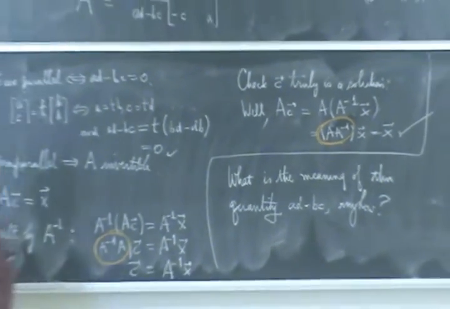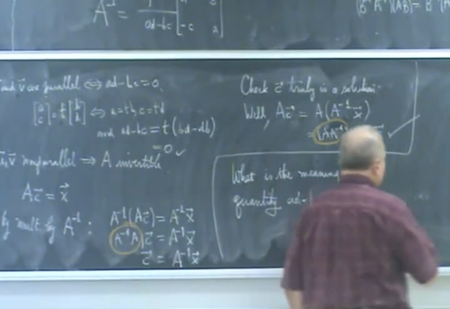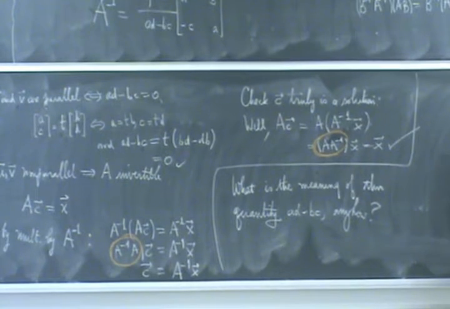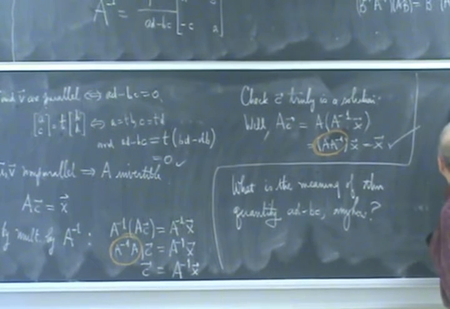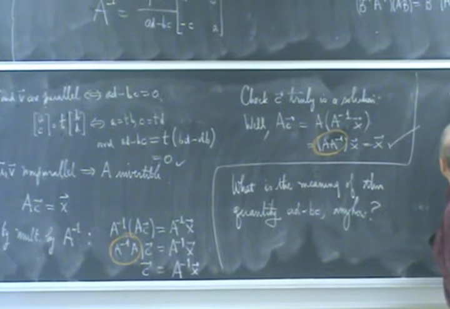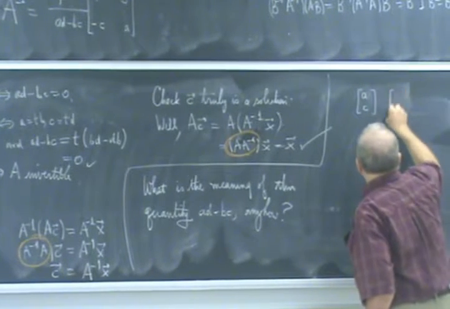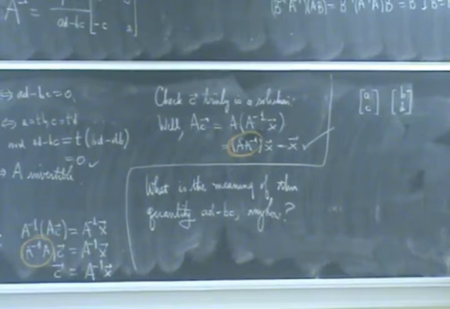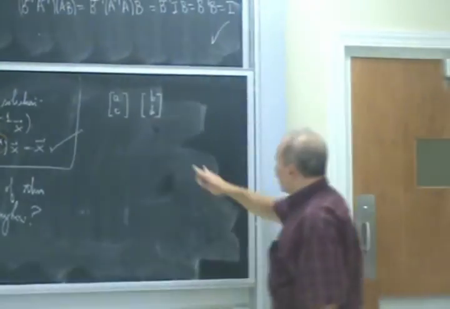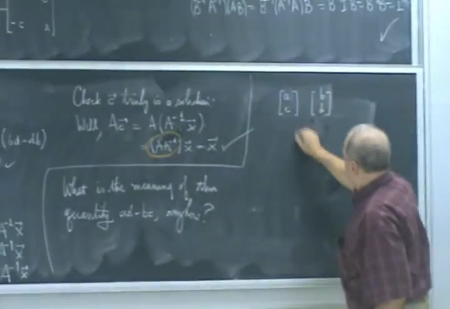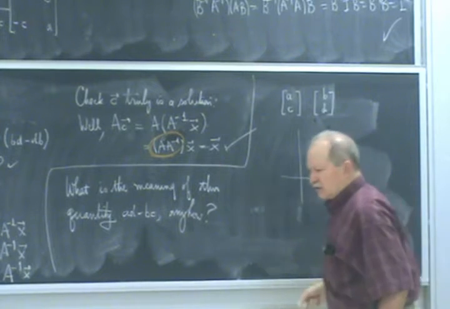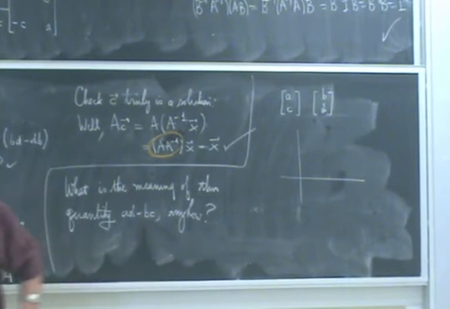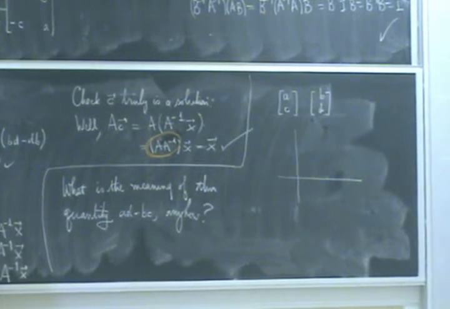It looks like a dot product, doesn't it? So if I have the vector A, C, and the vector B, D, I wish I had arranged them differently now. Is there anything I can do with them that will give me this quantity as a dot product?